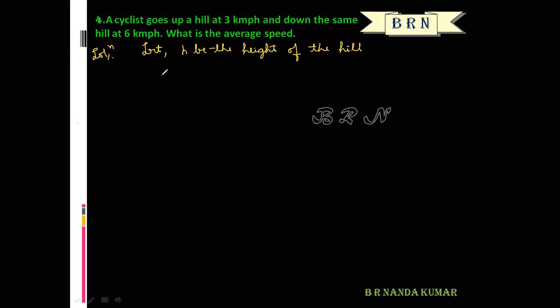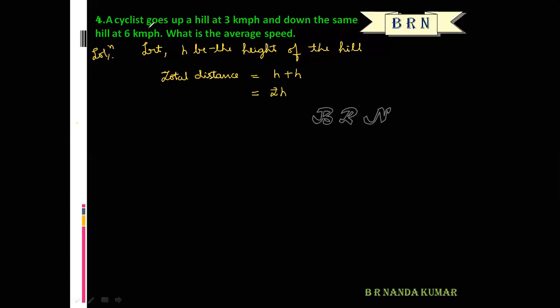This is a very simple calculation. The cyclist goes up a hill and down the same hill. So H is the height of the hill. So the total distance traveled is H plus H, so that is 2H.